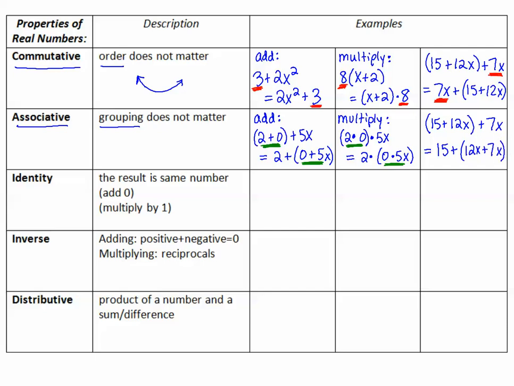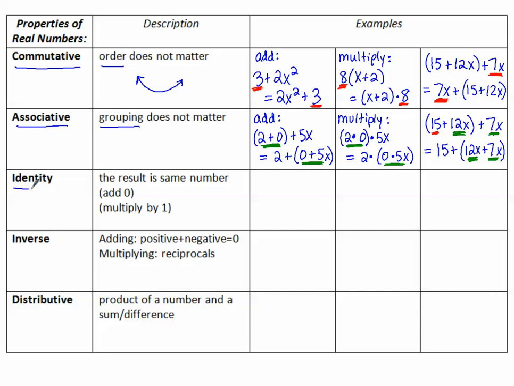Notice how at first the 15 is grouped with the 12x, but then on the other side of the equation, the 12x is grouped with the 7x, which makes sense because those are like terms. We would want to group those together and add those first. So this is the difference between when we group different things versus when we change the order of different things.